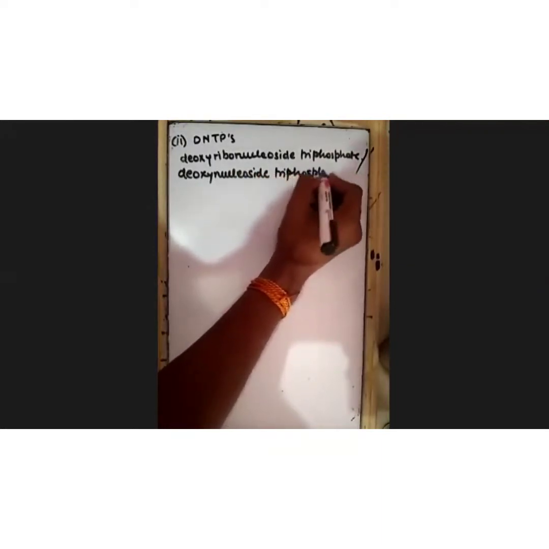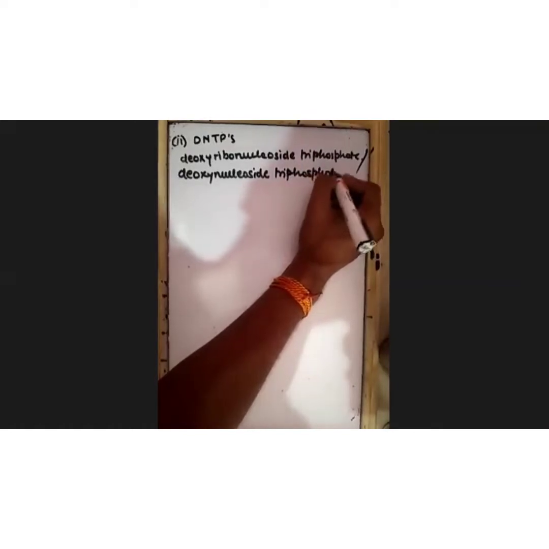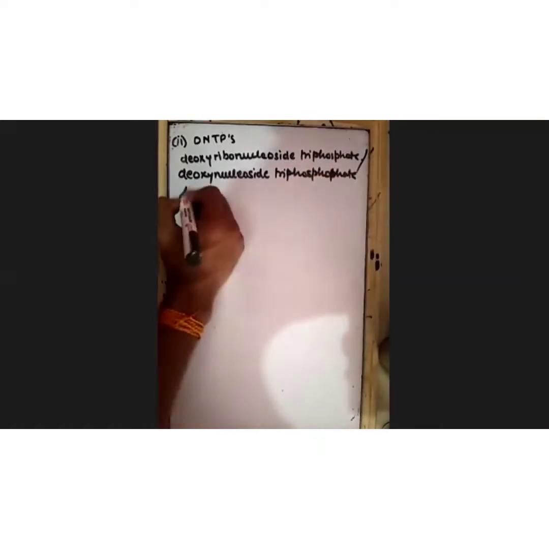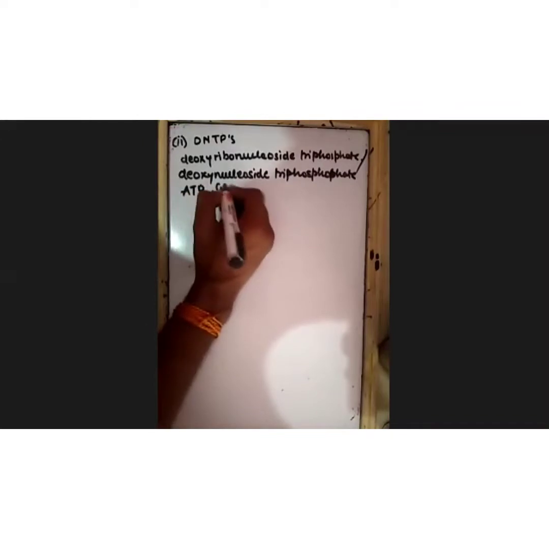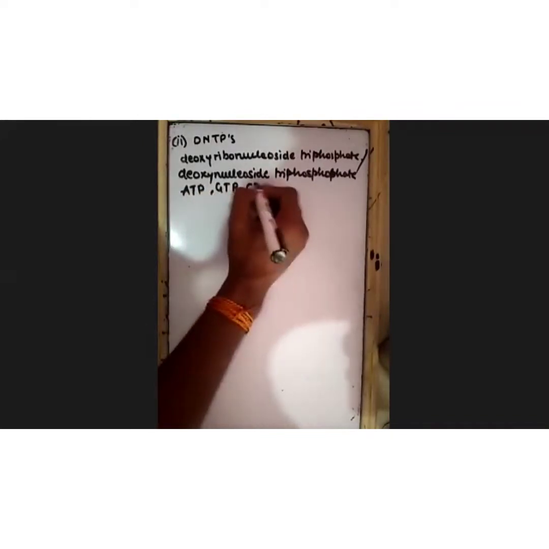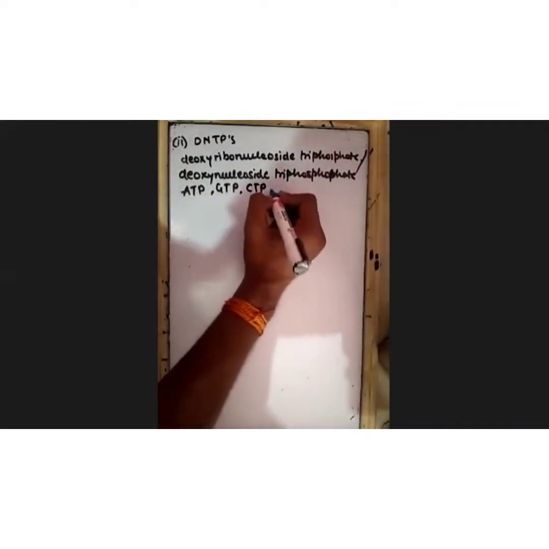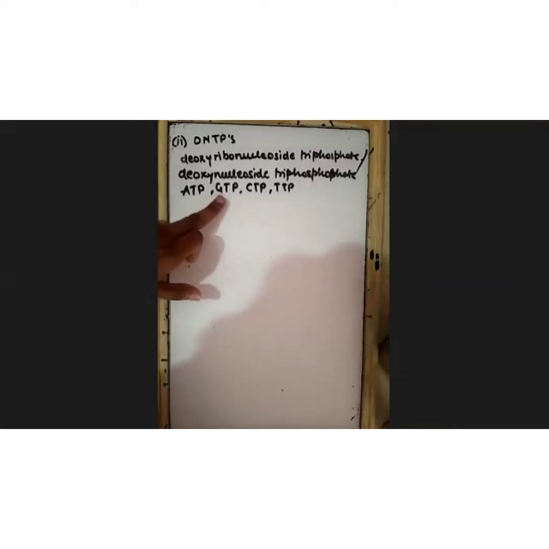So we have ATP, GTP, CTP, and TTP, meaning adenosine nucleoside triphosphate, guanosine nucleoside triphosphate, cytosine nucleoside triphosphate, and thymine nucleoside triphosphate.